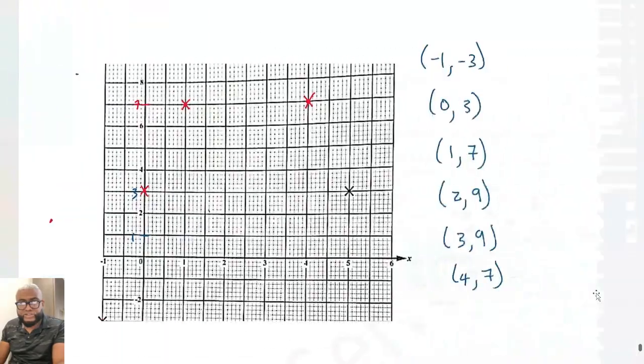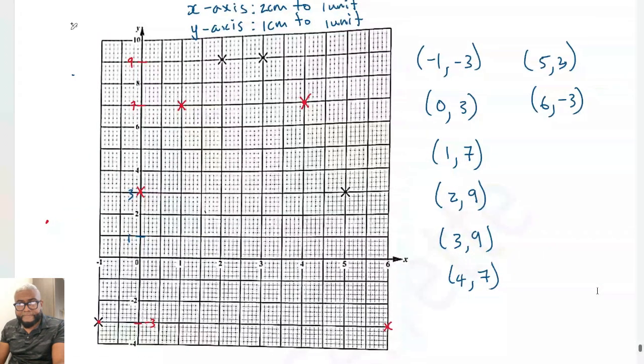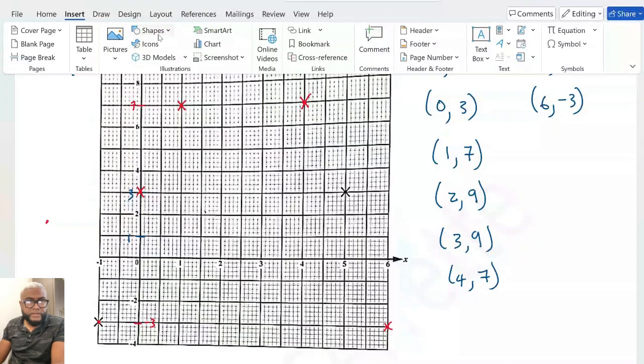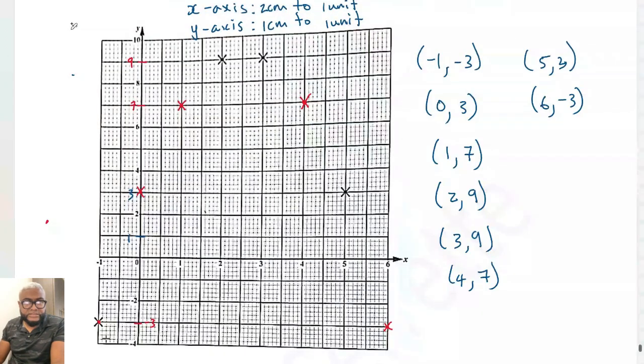So we're going to draw this curve now, right? Okay, so look at it here. Insert curve. We're going. So I'll start in here. Bang. Bang. Bang. Bang.